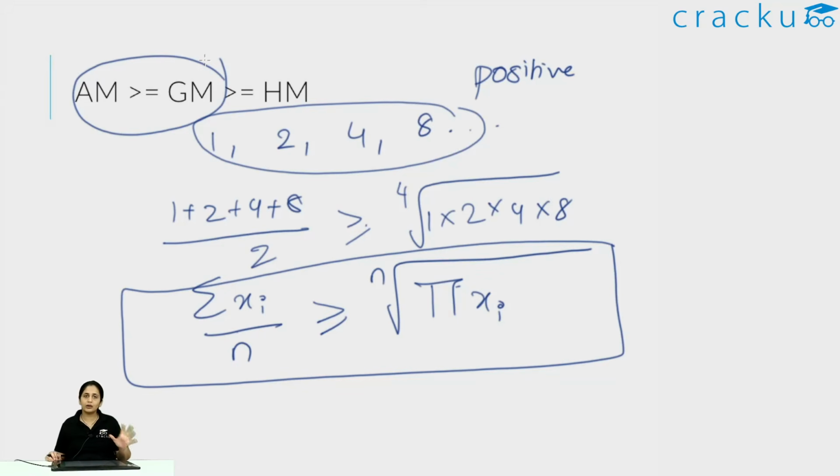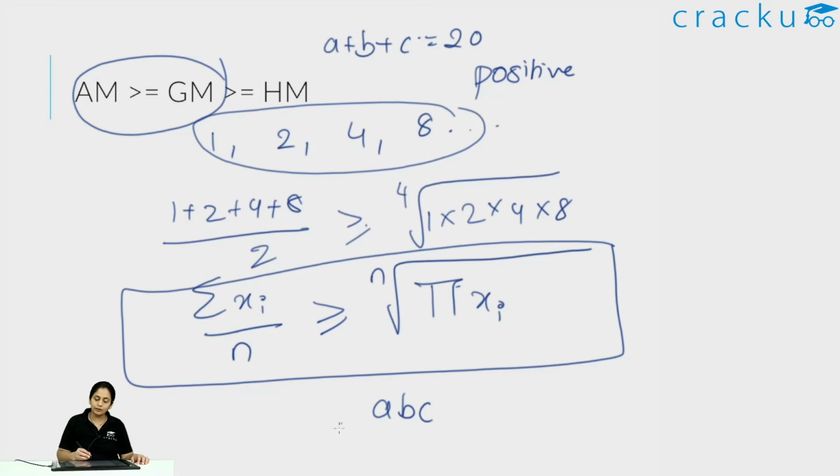Now how does this come into play in algebraic questions? In algebraic questions what will be given is a fixed value for the sum. For example, you will be given that a plus b plus c is equal to 20. The sum is given and you will be asked what is the maximum value of abc.